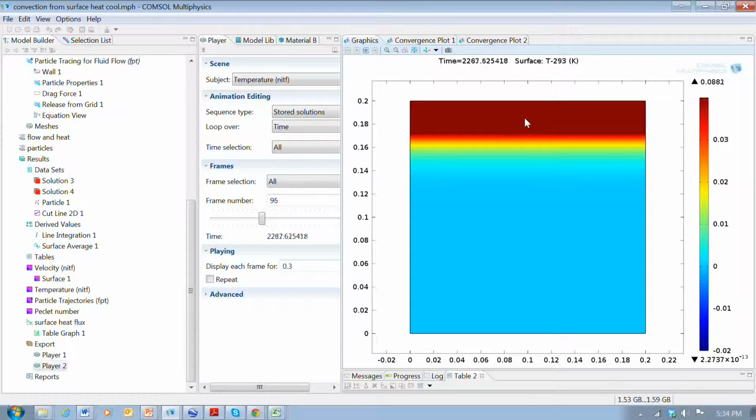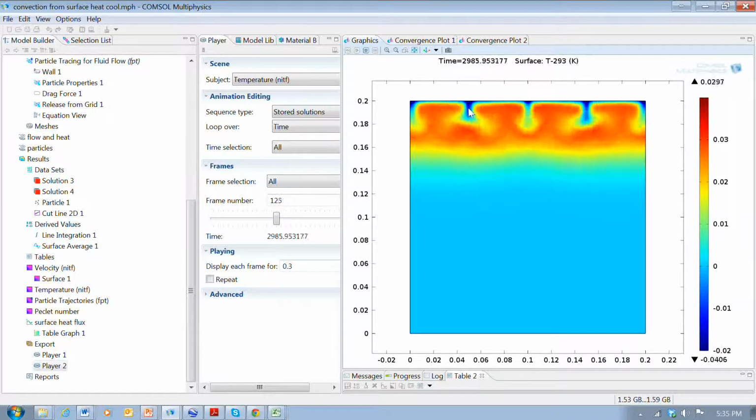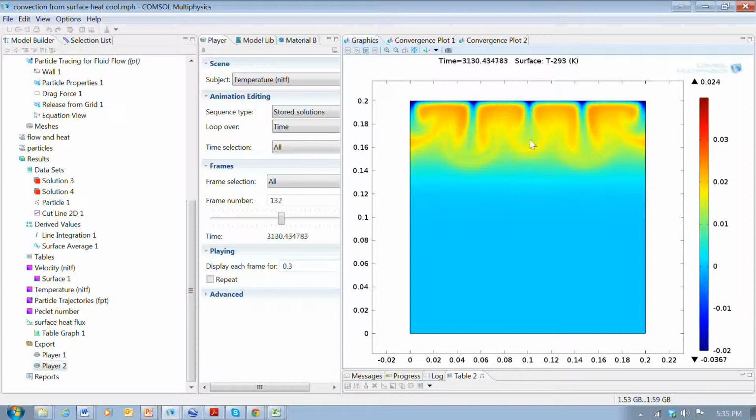And the way I have the temperature contouring, you don't really see that, but now you do. And so here's the cool water being produced, and you can see the onset of convection and these Bernard cells. And there's the size of the Bernard cell, about equal to this thickness, right about that depth.